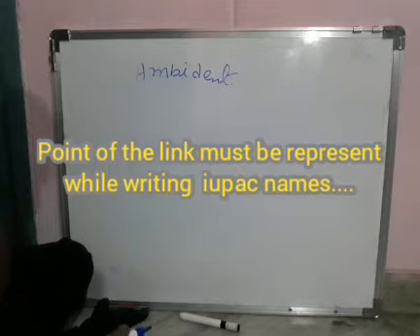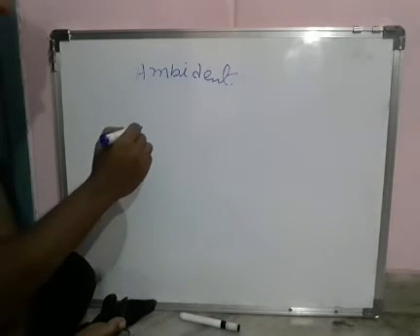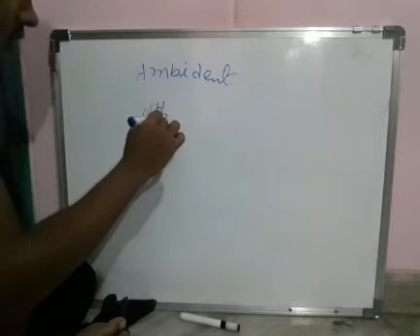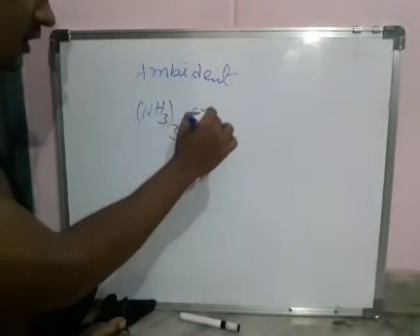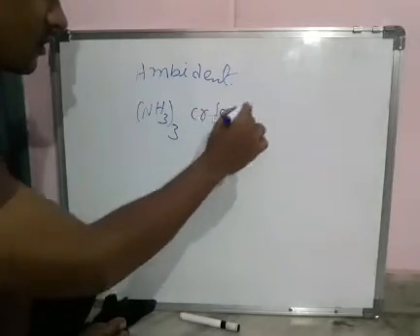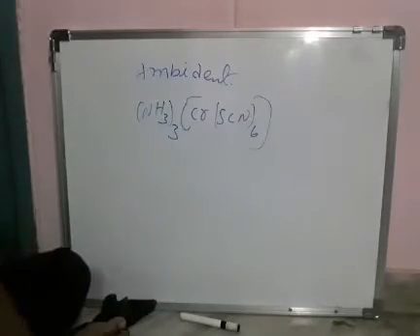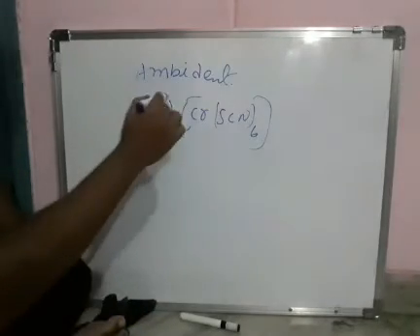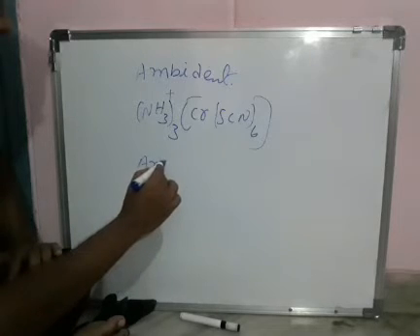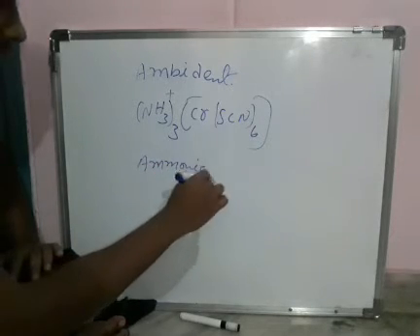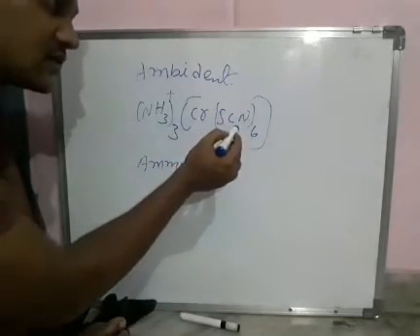Let us take NH4 thrice and Cr SCN 6. Here, first this is the cation part, so we have to write ammonium. Next, the ligand is SCN.